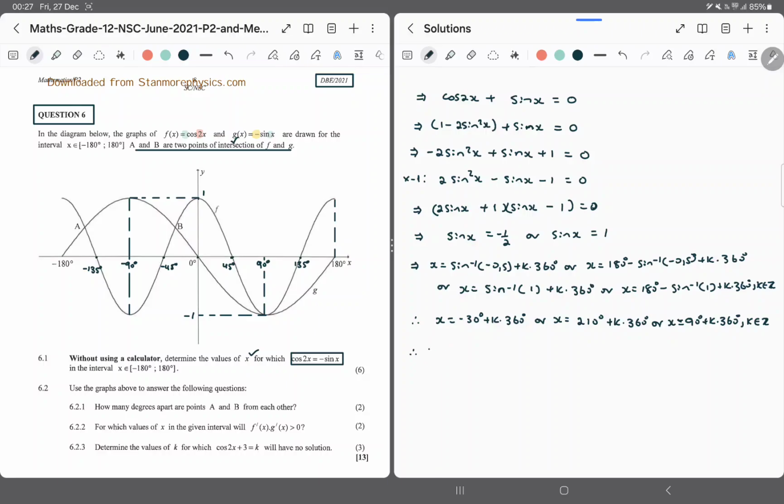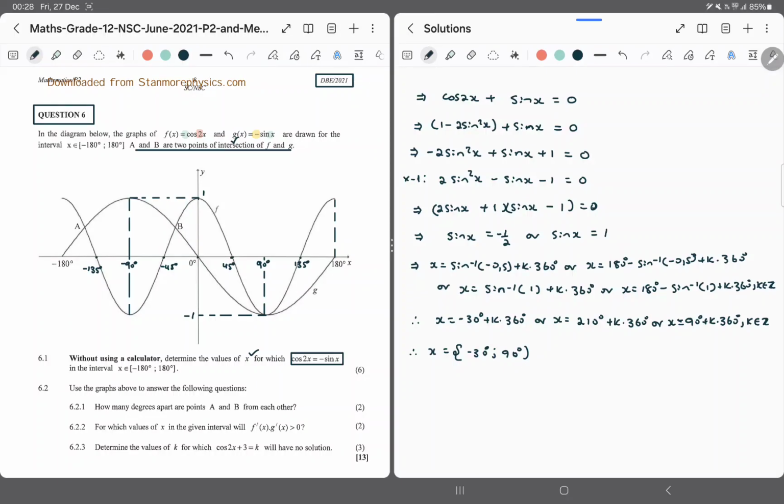So what can we conclude is that x is, now we have minus 30 degrees, right? Let's say k is 0, we've got minus 30, that's within the domain. When k is 0, this is 210, so 210 is outside the domain, 90 is within the domain. So we've got minus 30 degrees and 90 degrees.